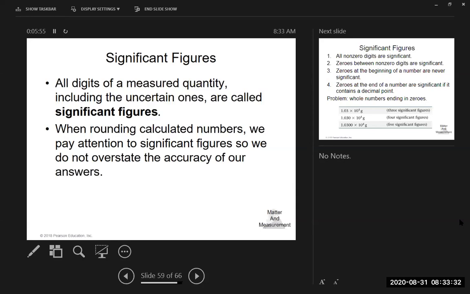And so we're going to talk about how we do that a little bit today. When we do calculations, we want to suppress that urge to write down all the digits that our calculator or our spreadsheet gives us, okay? Once again, we do that because all those digits aren't significant. They're not really reflective of the type of measurement we did.